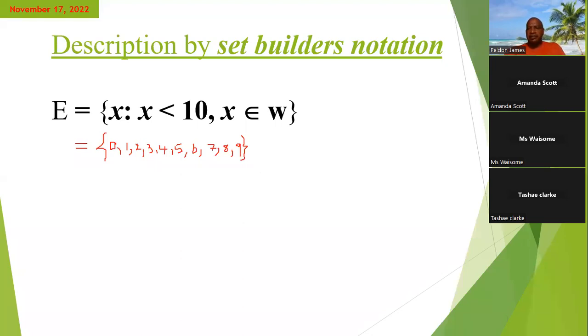Based on whole numbers, we know that whole numbers are numbers starting from 0, including the counting numbers. So from 0, 1, 2, 3, 4, 5, 6 onwards, those are referred to as whole numbers.